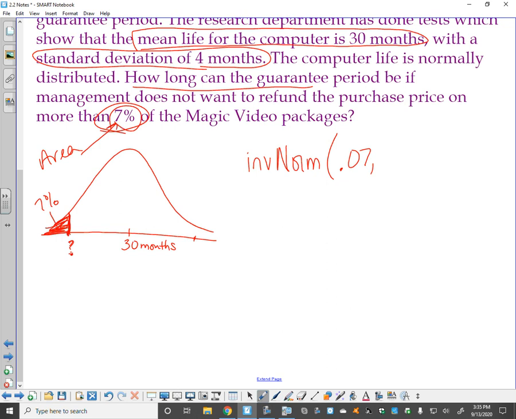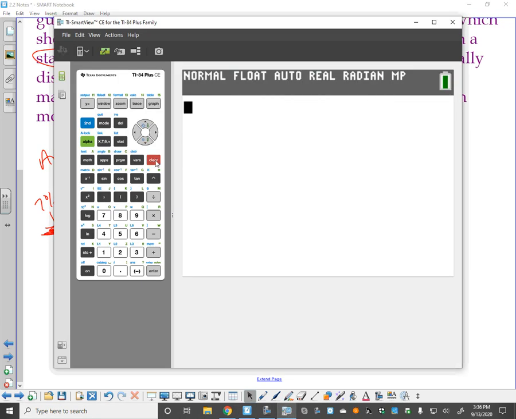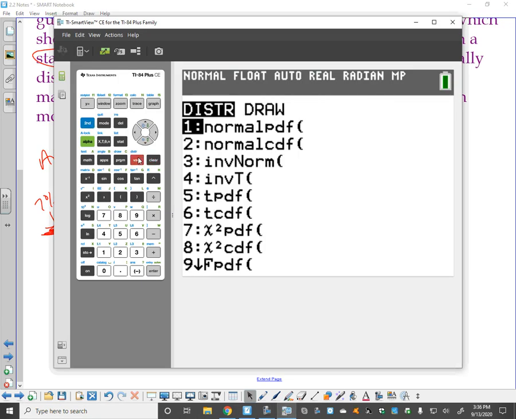with a mean of 30 and a standard deviation of 4. Now when I type this in, and I'll show you where inverse norm is, it's going to give me that question mark. It's going to give me the value where I should chop this off. So I'm going to my calculator. I'm going back to distribution, and then look at number 3, inverse norm.